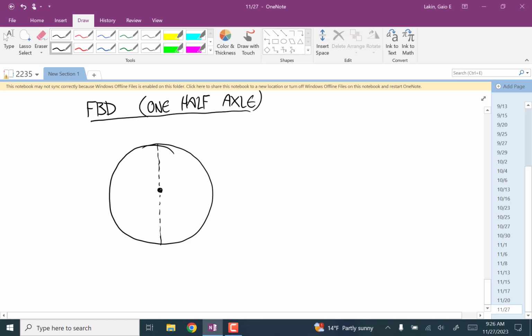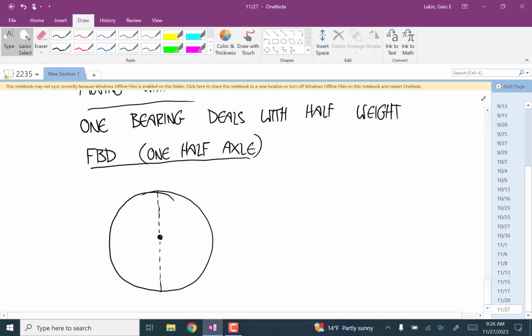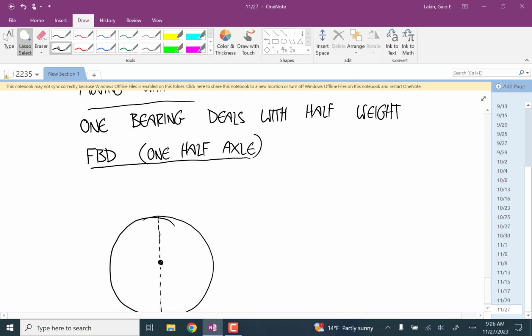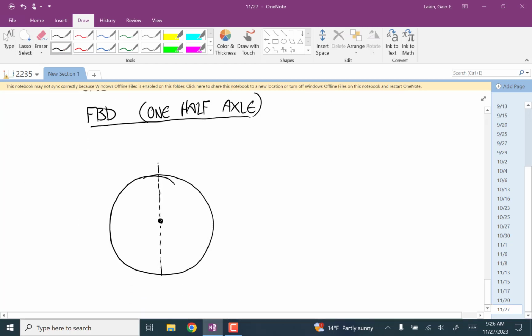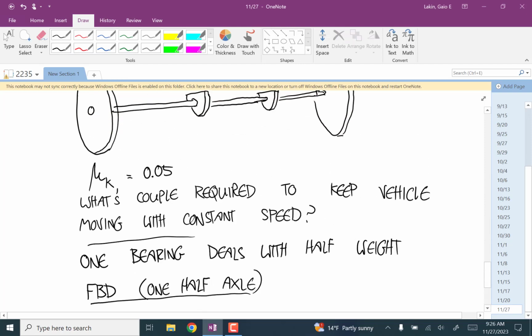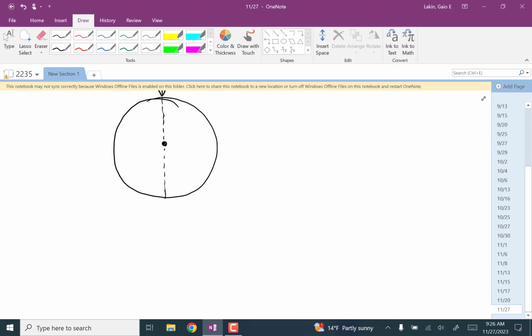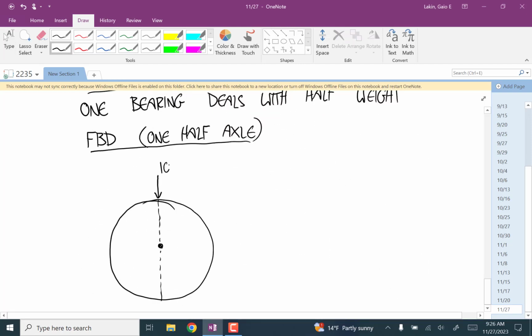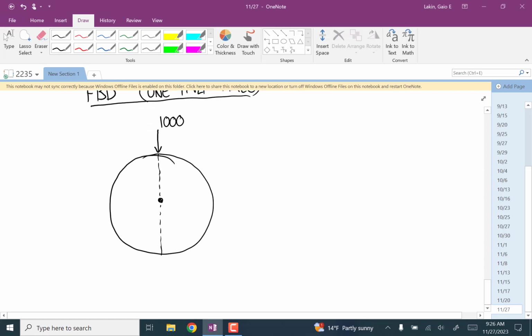So there's the center line. We have a weight acting down, the whole thing is 2,000 newtons, so this is going to be 1,000 newtons. To be in equilibrium, we also have to have a force here of 1,000.